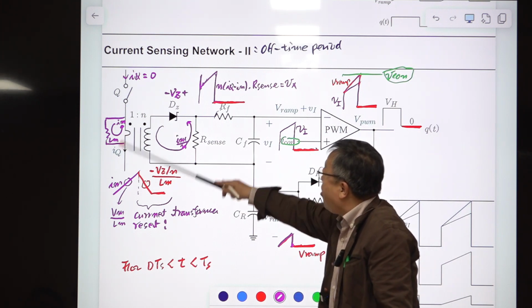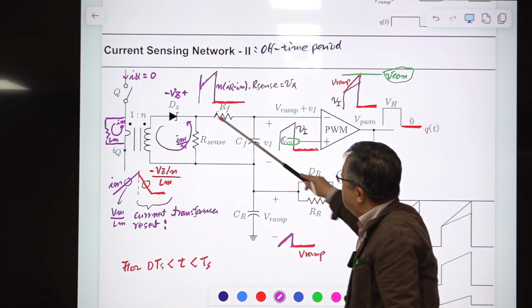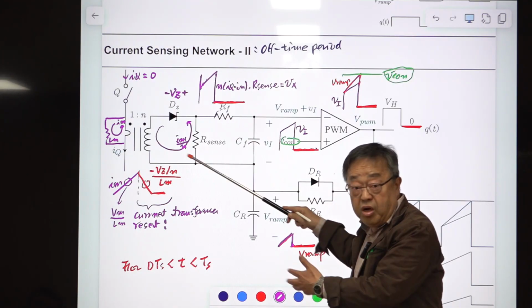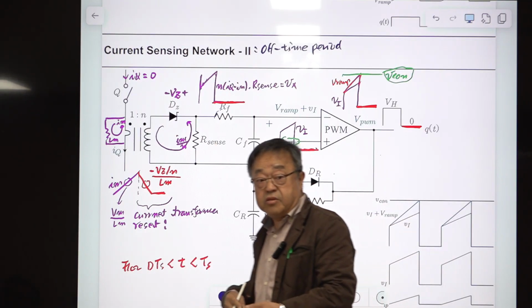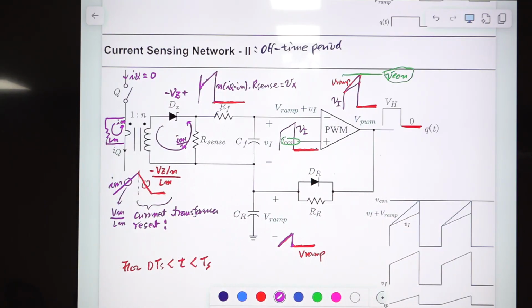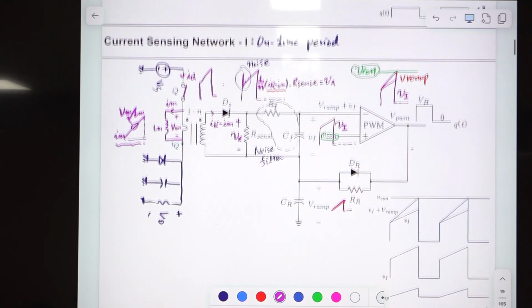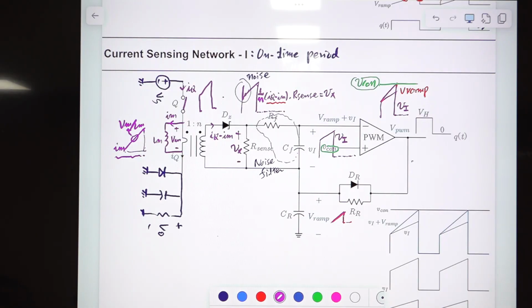And this N is large because the current through this should be small. So R sense requires some value to extract the voltage information. And this part, I forgot this. Here, this is the charging.